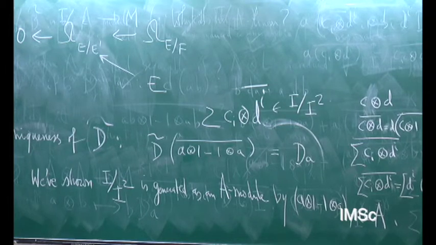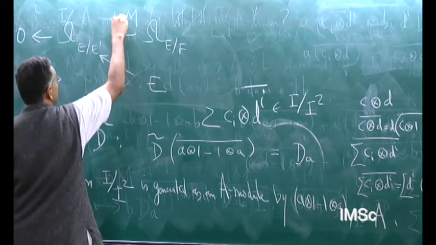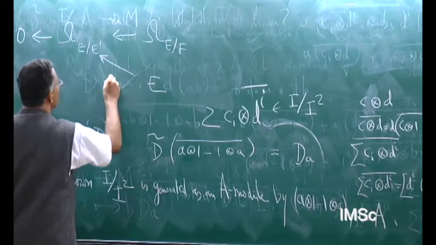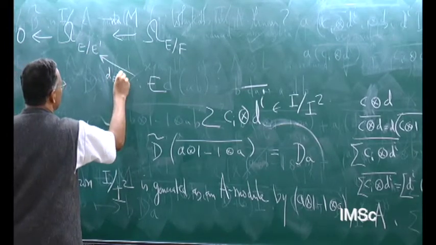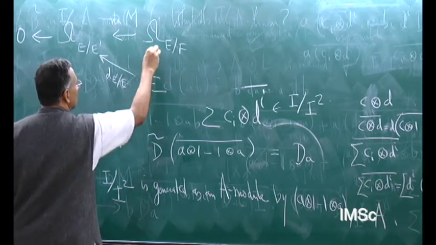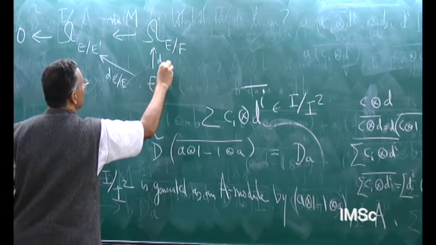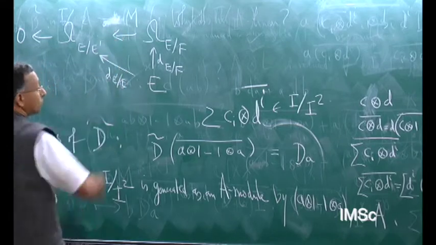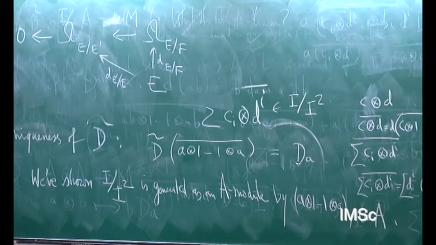Therefore, by the universal property of omega E over F, there is a natural map. There is a unique natural map which makes this diagram commute. So this is d E prime over F. This, of course, is d E over F, and there is a natural map here, right? And this is onto.